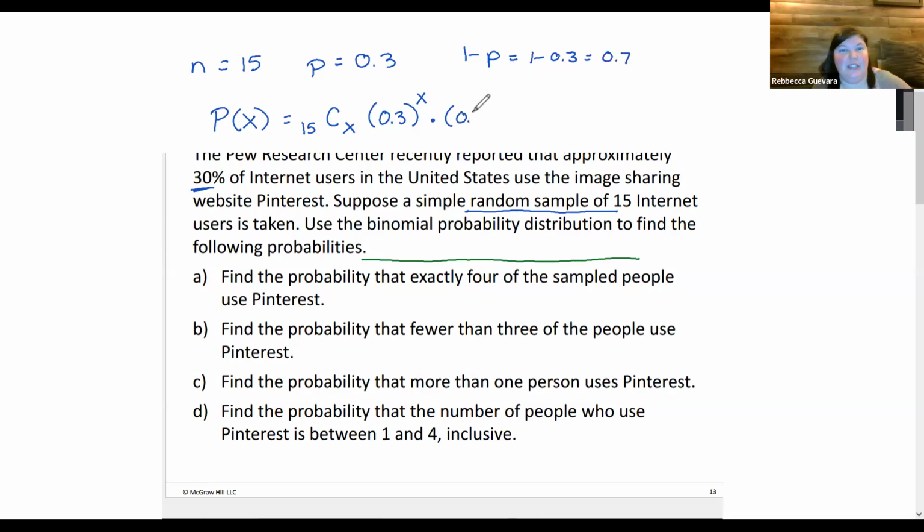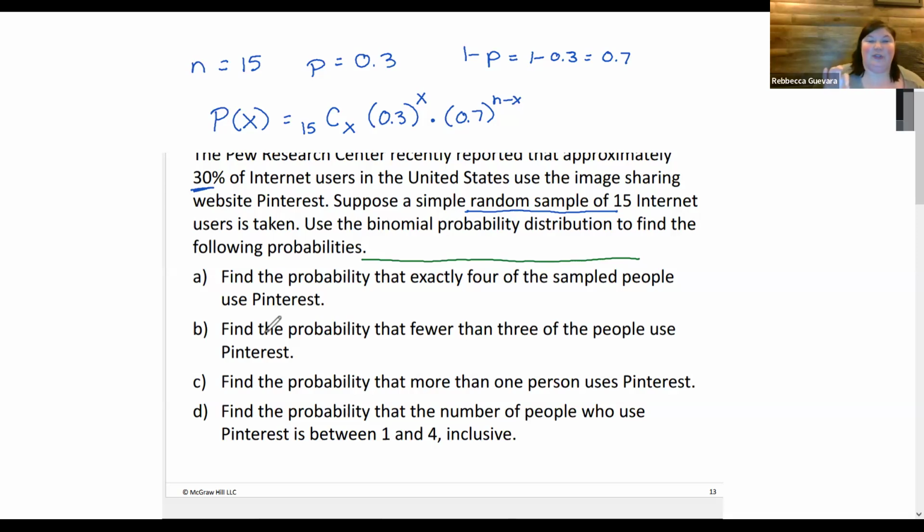There's a 70% chance that a randomly selected person is not using Pinterest. And then we will have N minus X as the exponent on that probability. This is going to lead us into what a probability distribution is going to look like. It's going to be big. It's going to be a little messy.